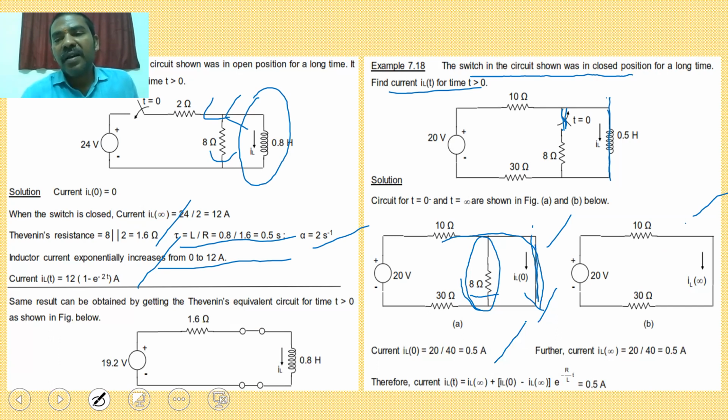So similarly, when t is greater than 0, the switch is opened, and the 8 ohm resistor is eliminated. So under that condition also, 10 ohms and 30 ohms are connected in series. So the total voltage is 20. So finally you can get 20 divided by 10 plus 30, 0.5 amperes.